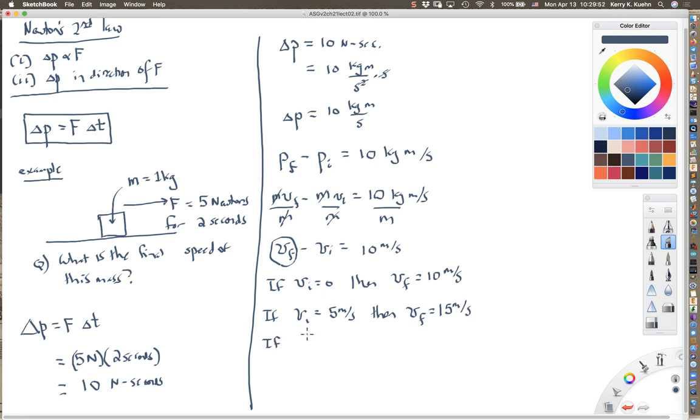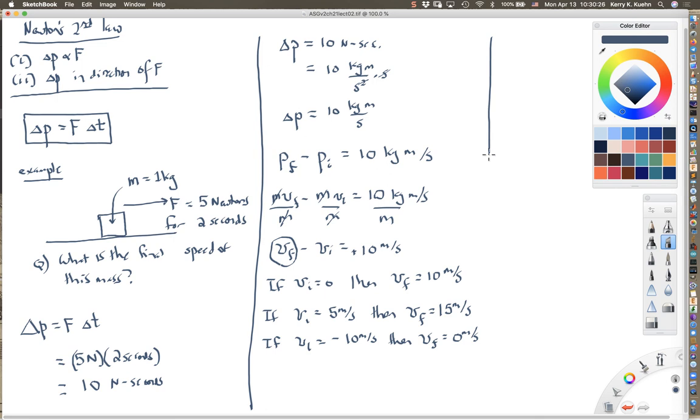Or, to make things more interesting, if the initial velocity was, let's say, negative 10 meters per second, that is, if initially this block was sliding leftward with a speed of 10 meters per second, then what would the final velocity be after we apply this force? Well, the final velocity would be 0 meters per second, because it's originally going leftward at 10 meters per second. We're giving it a positive 10 meter per second change in speed, and so the final velocity is going to be 0.